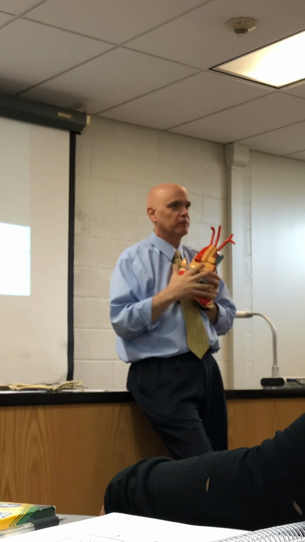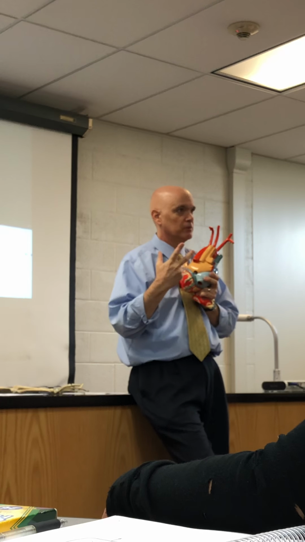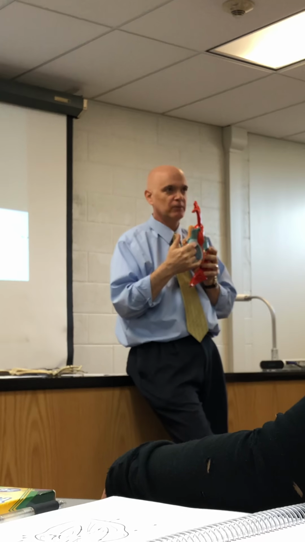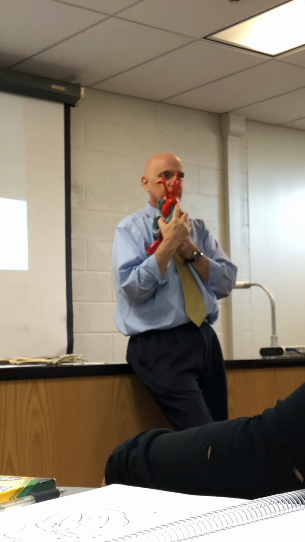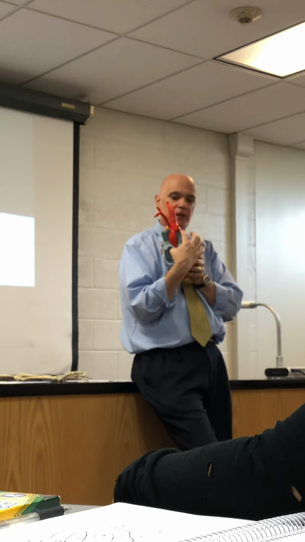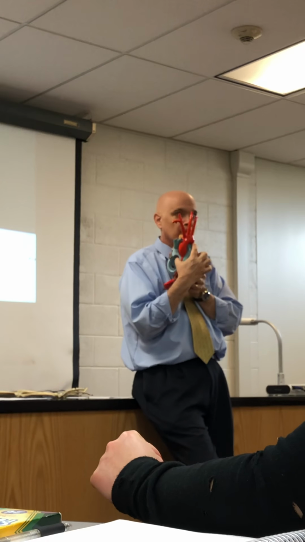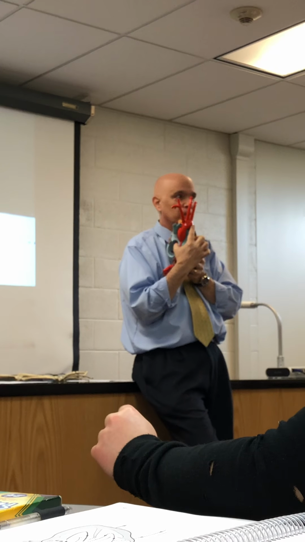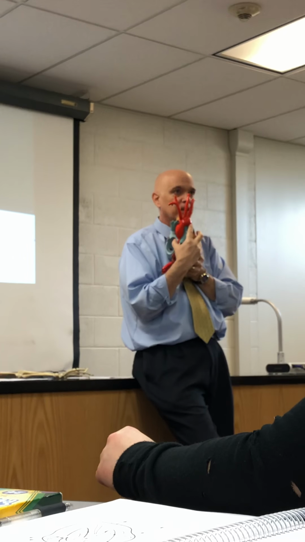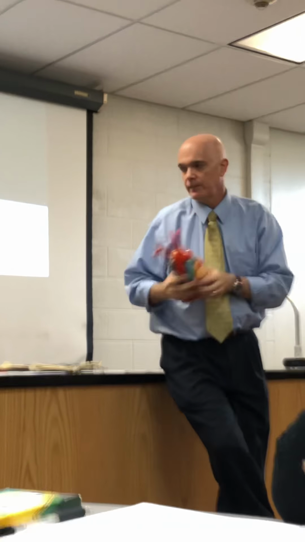Now I told you there's two fetal things that you have to know which correspond with the adult. One of them was the foramen ovale. The other one is right here. In the fetus, it was a shunt between the pulmonary trunk and the aorta. Yes, it better close up when you're born, and it closes up, and then it becomes the ligamentum arteriosum.